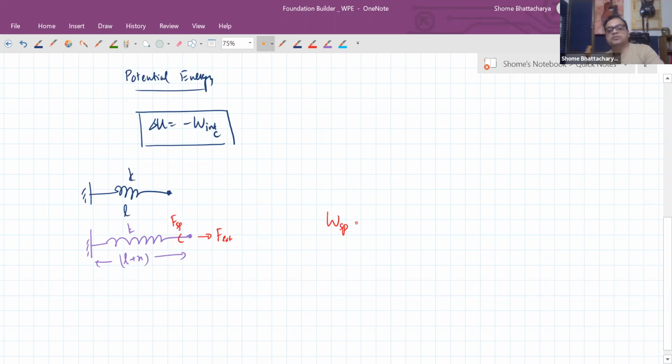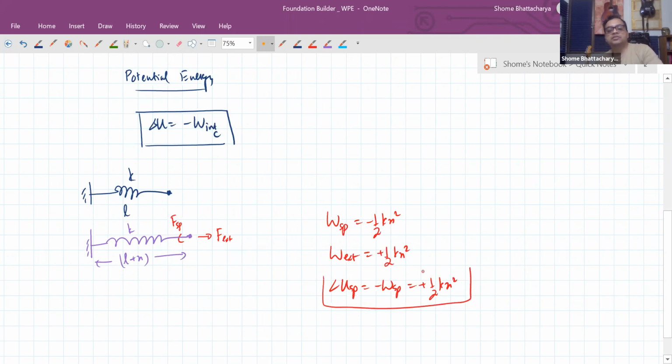So the work done by the spring force will be minus half kx squared. The work done by the external agent will be plus half kx squared. And the change in potential energy of the spring, therefore, being the negative of the work done by the spring, will be plus half kx squared. So this is the change in potential energy for a spring when it is taken from x equal to 0 to x equal to x.